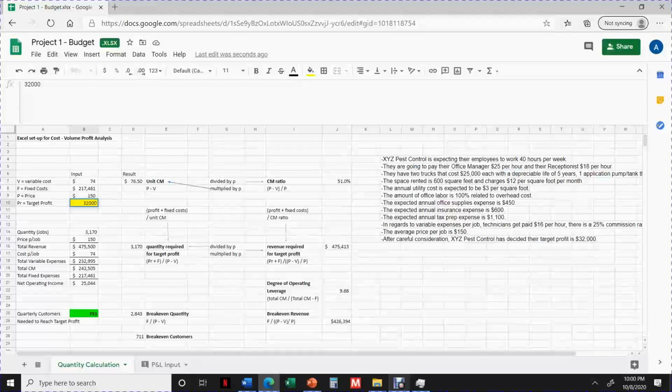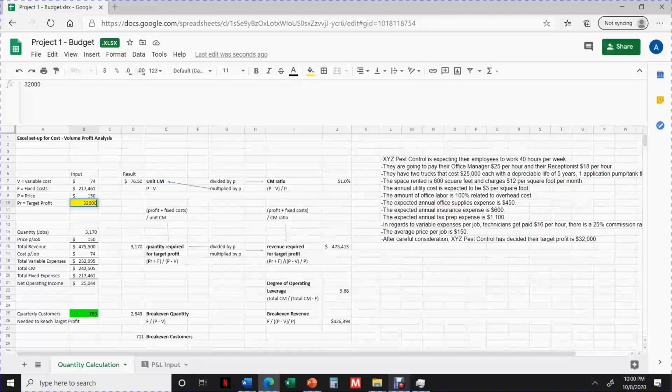Our quarterly customers are supposed to be 793. Our unit CM is 76. Our quantity required to reach our target profit is 3,170. The revenue we're supposed to reach the target profit is $475,413.